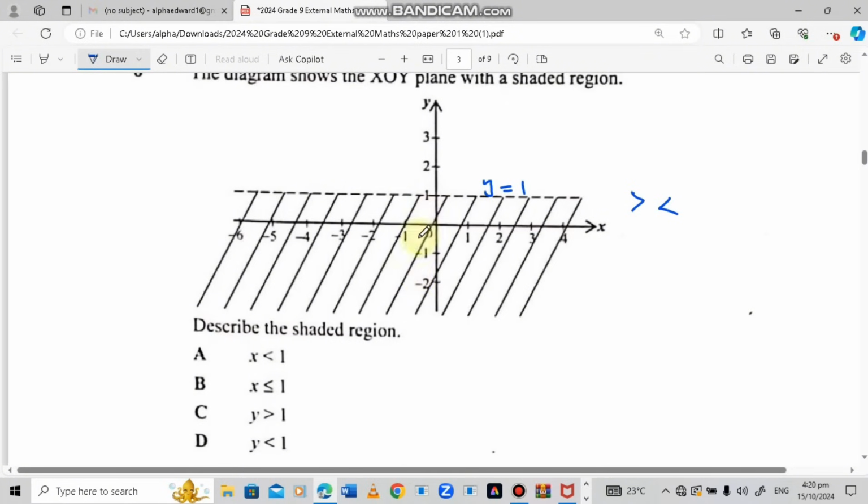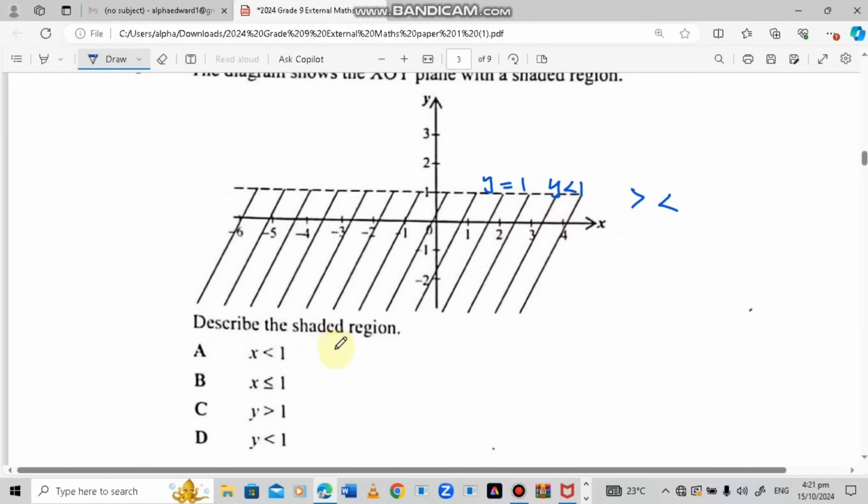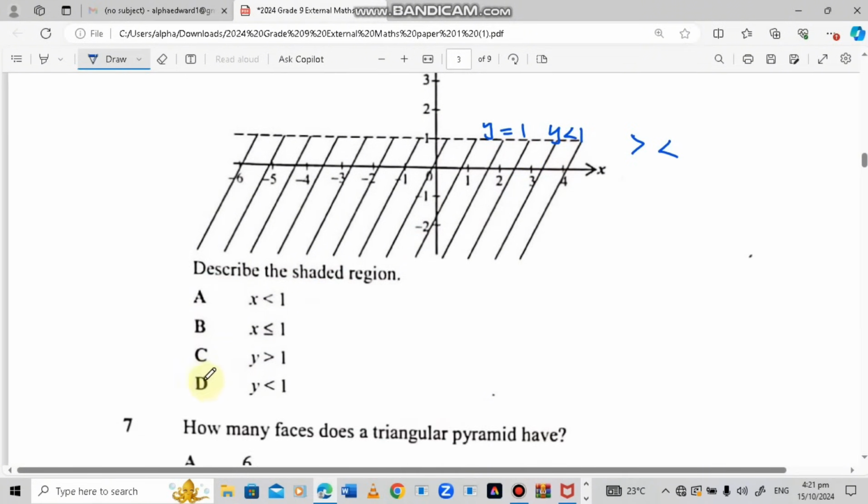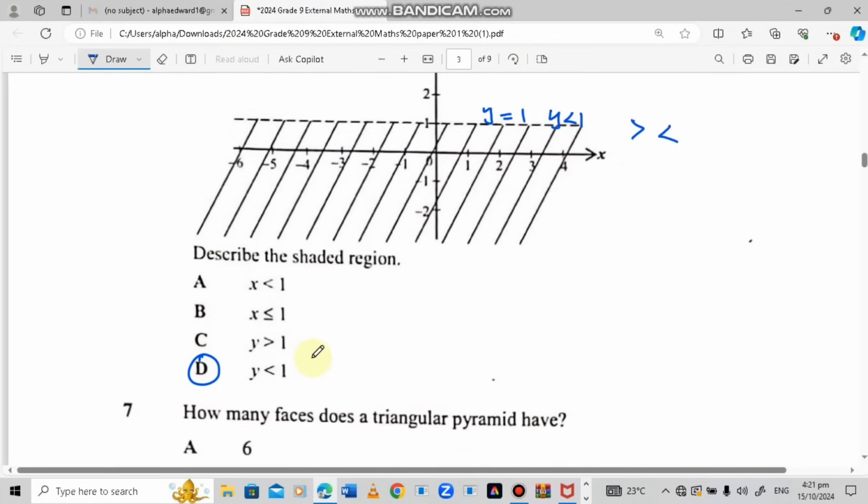And this region where the y values are decreasing down here is the region which has been shaded. So our inequality is going to be y is less than 1. So we look for this on the options. So the answer is D.